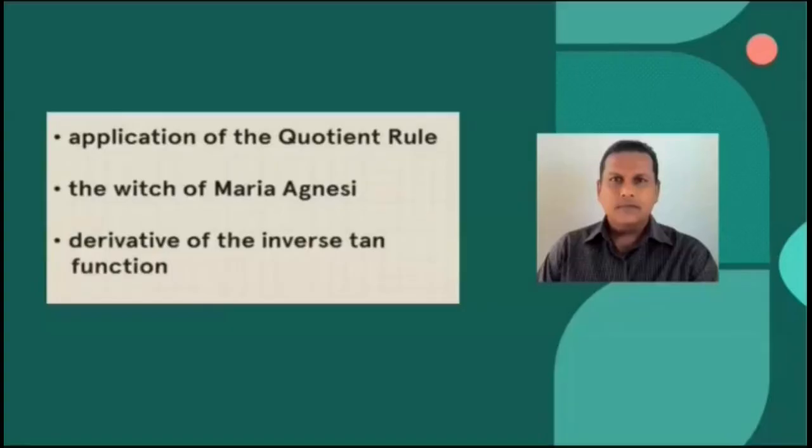In this last part of the video, we apply the quotient rule to help us understand the second derivative of the rule for the function whose graph is the so-called witch of Maria Agnesi. The rule for this curve is y equals 1 over x squared plus 1, which turns out to be the derivative of the inverse tan function.